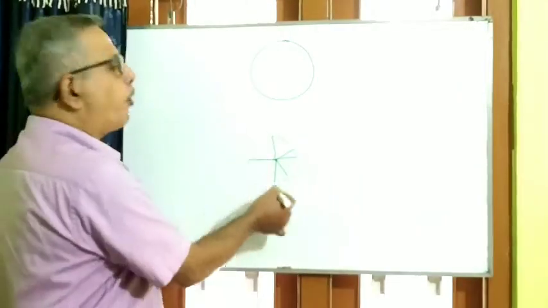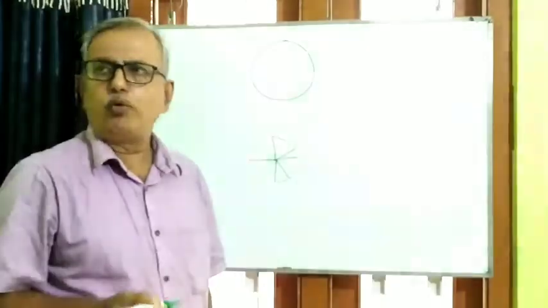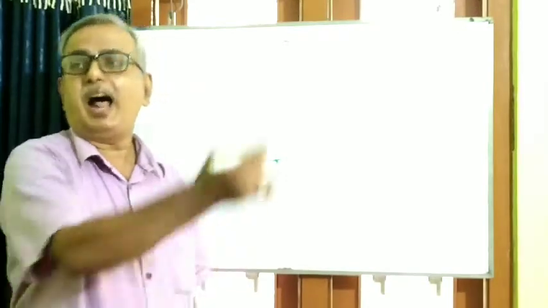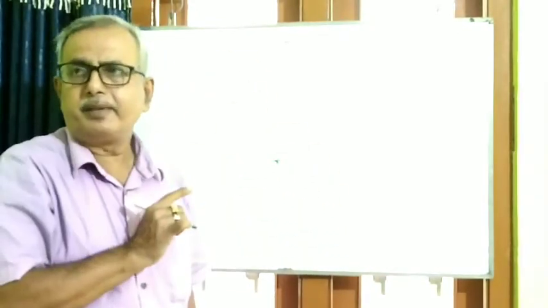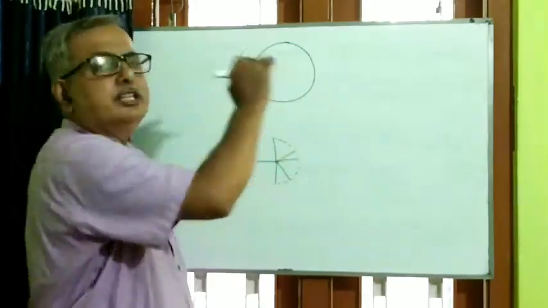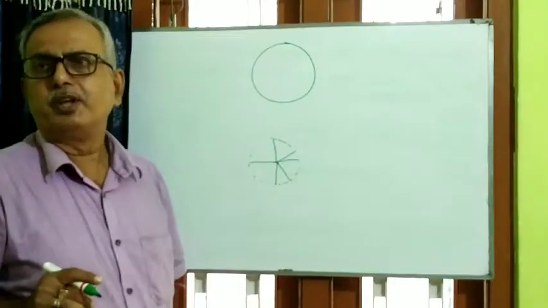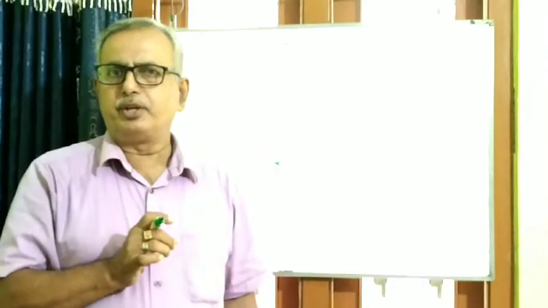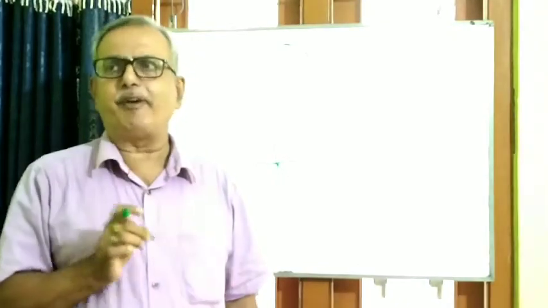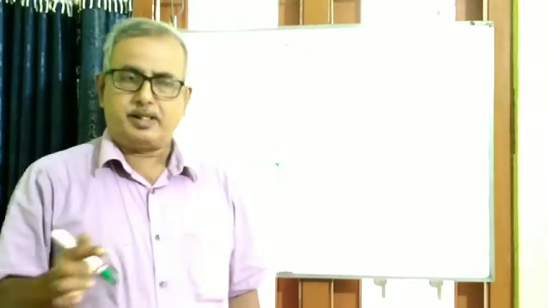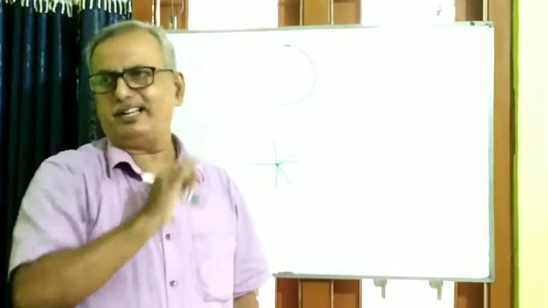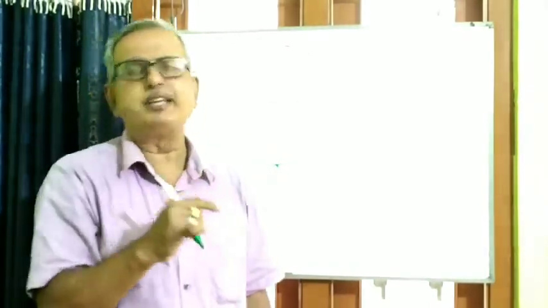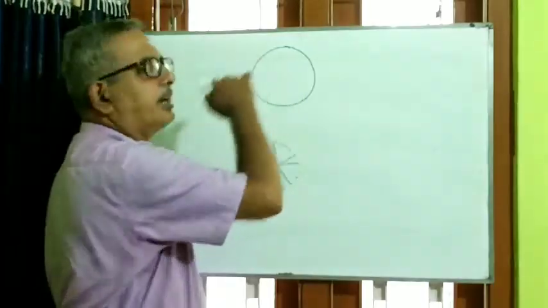When all these points in a plane which are equidistant from a fixed point are joined together, then a circle is formed. If somebody is asking what is a circle, you can nicely define: the collection of points which are equidistant from a fixed point is called a circle.